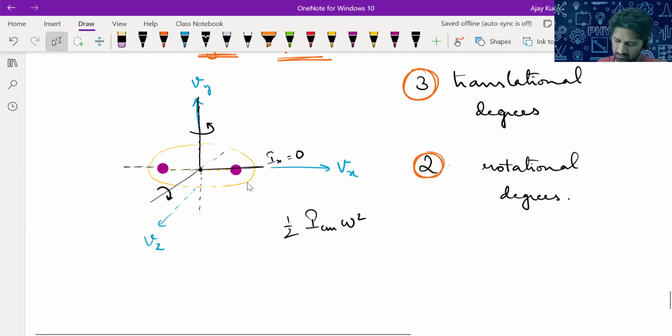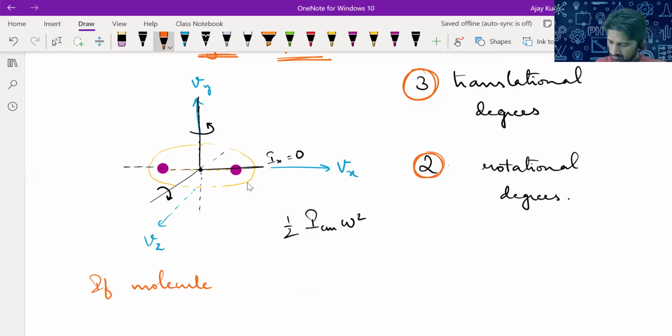So if the molecule is non-rigid, then each bond will have two additional degrees of freedom.